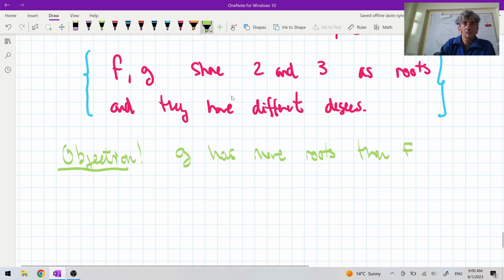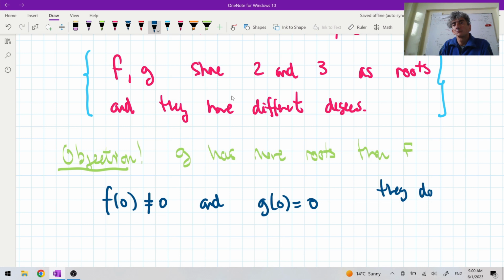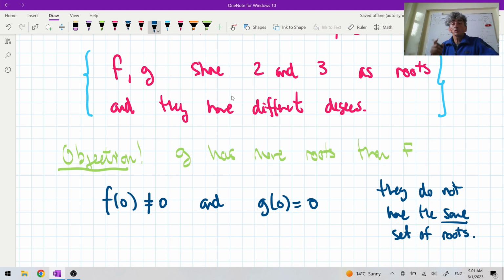You could say, okay, f at 0 is not 0 and g at 0 is 0. So they do not have strictly the same set of roots. So you could object that, and you will be right.